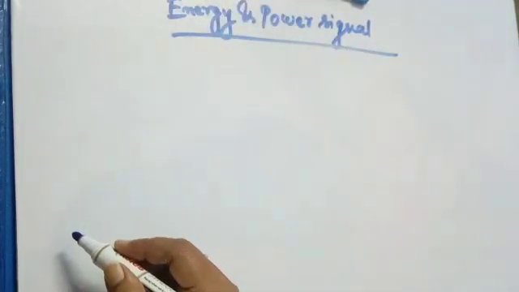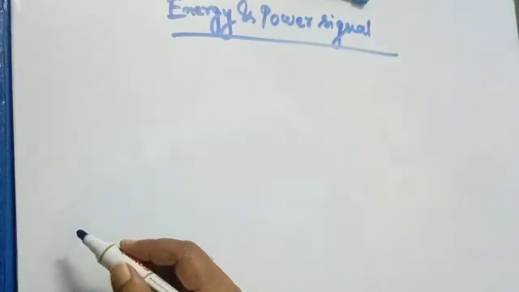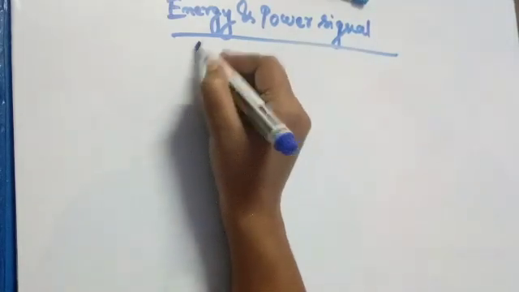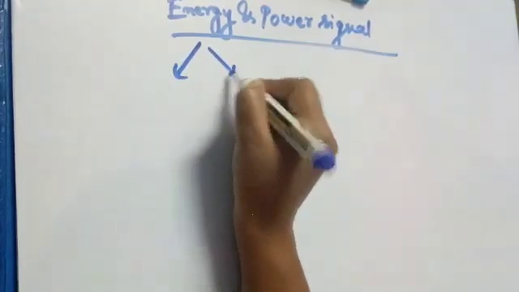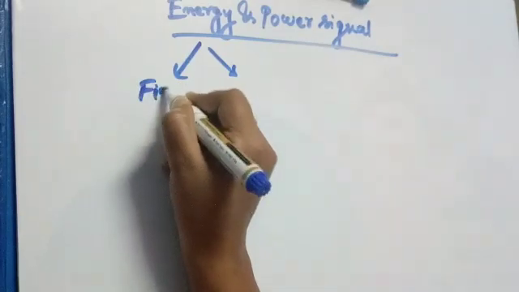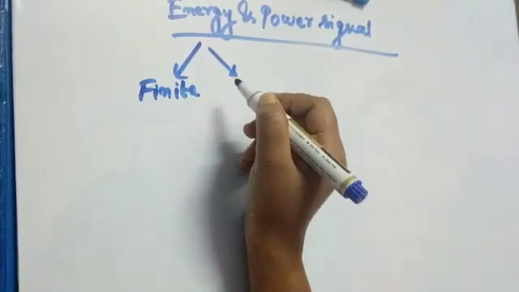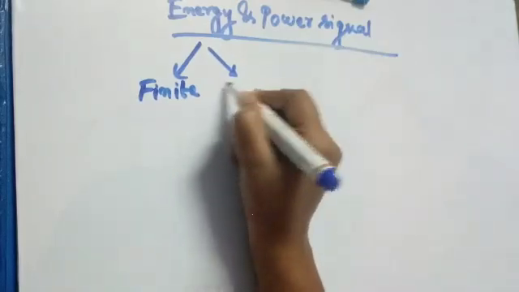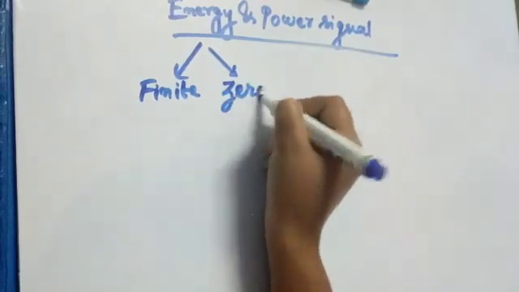The energy signal is one which has finite energy and zero average power. So the energy signal has two properties. One is the energy should be finite in value or in nature, and its average power is zero.